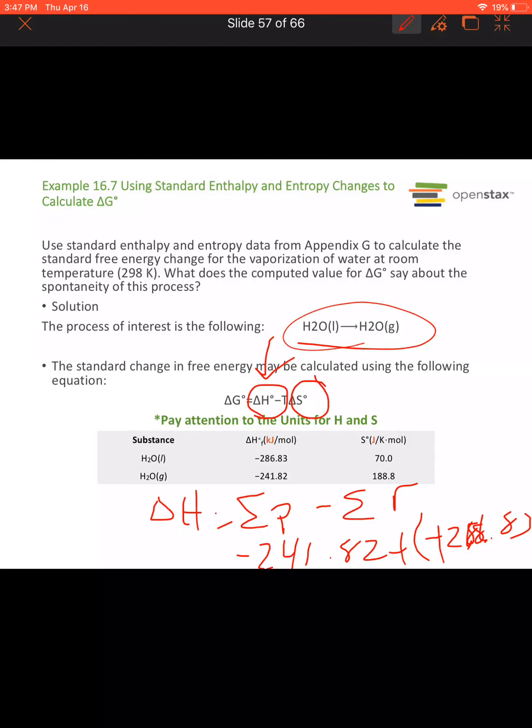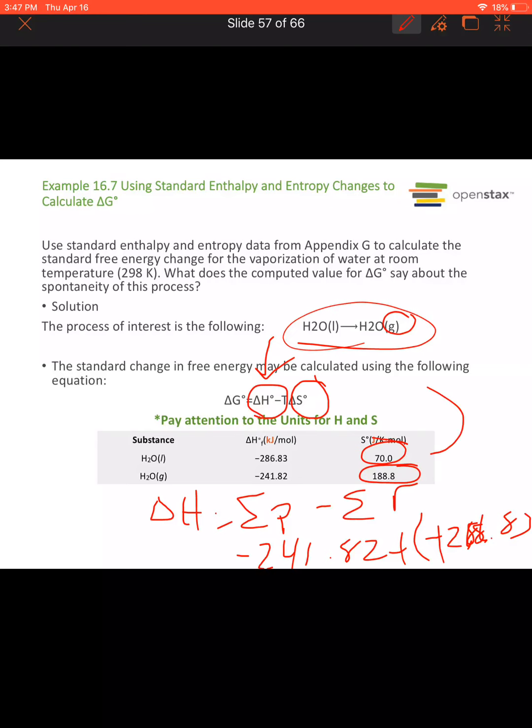And to calculate delta G, we also have to figure out the change in delta S, the change in entropy. And we're using the same equation. So change in entropy is going to be final minus initial. So you're going to do your final, which is your gas, 188, minus 70, which is your liquid.